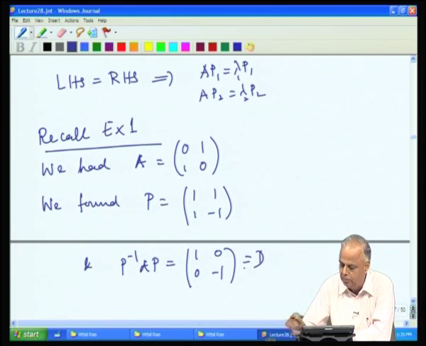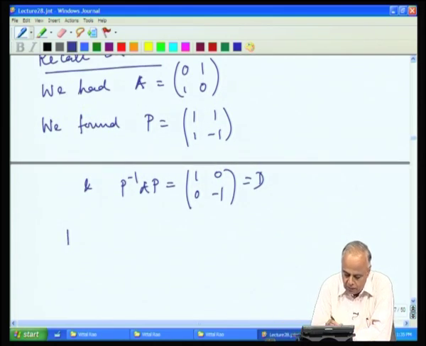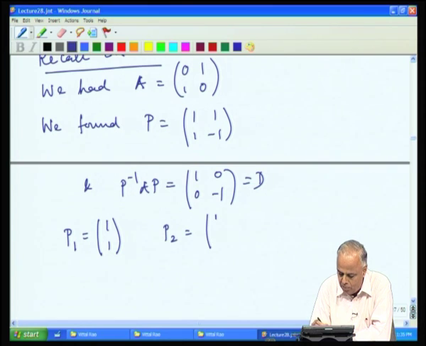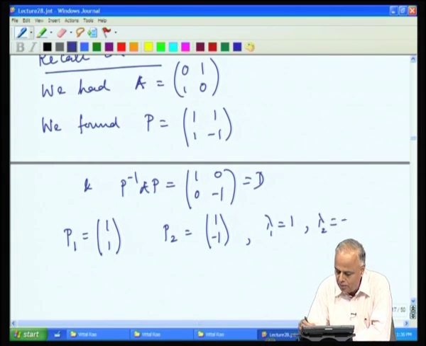This is my diagonal matrix. So, in this case my P1 is the first column of P, P2 is the second column of P, my lambda 1 is the first entry in the diagonal matrix, lambda 2 is the second entry in the diagonal matrix.